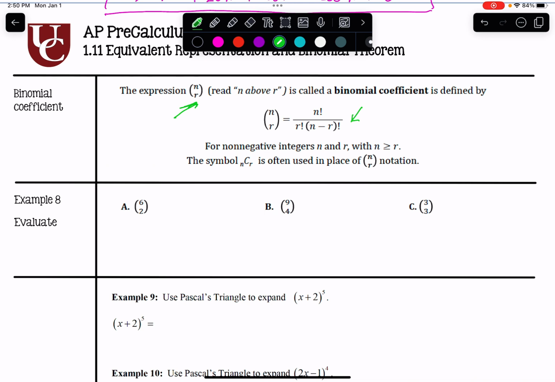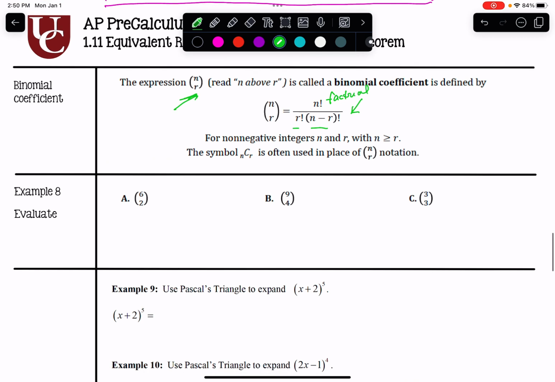If we look at the first one, n over r, when you write it like that, it is n factorial over r factorial times n minus r factorial. It can also be written like this, n C r.